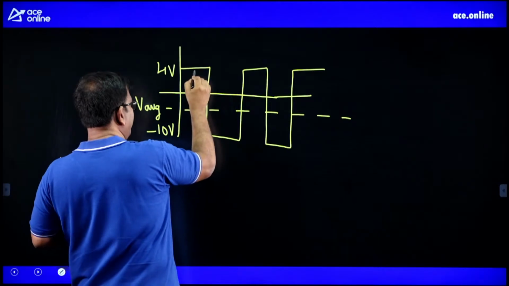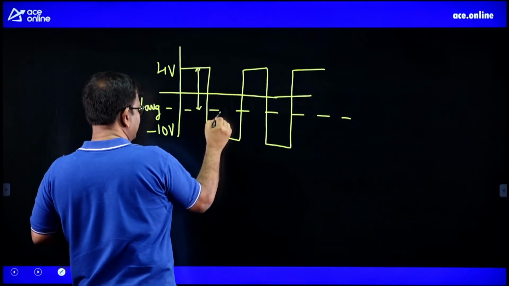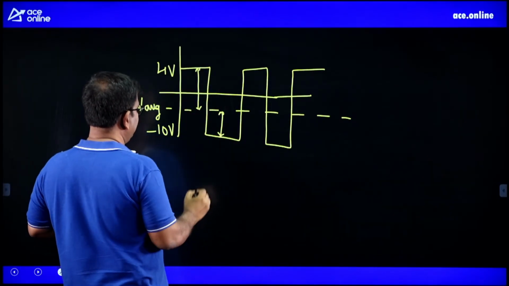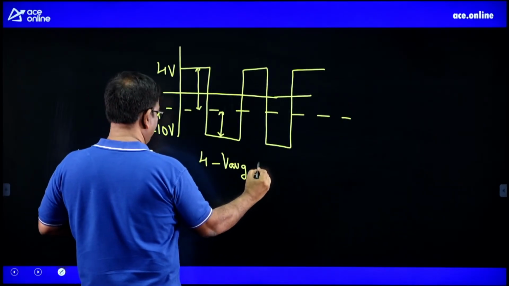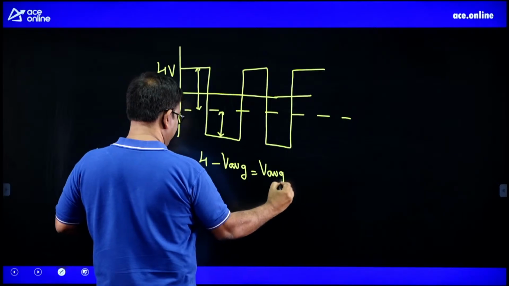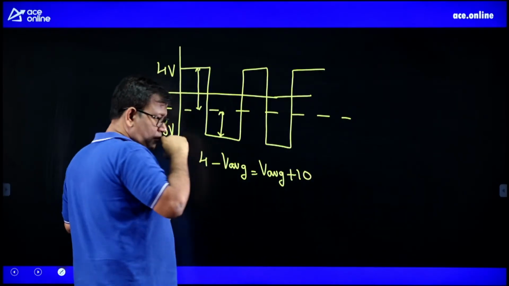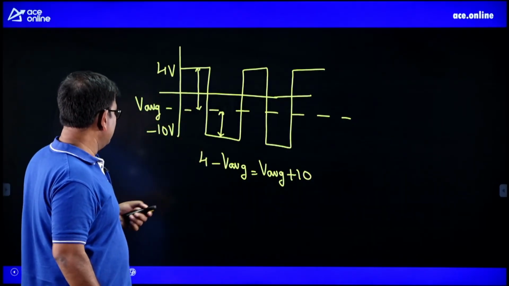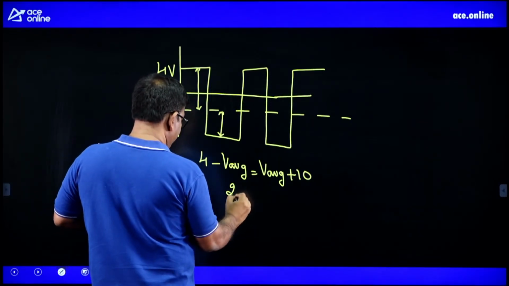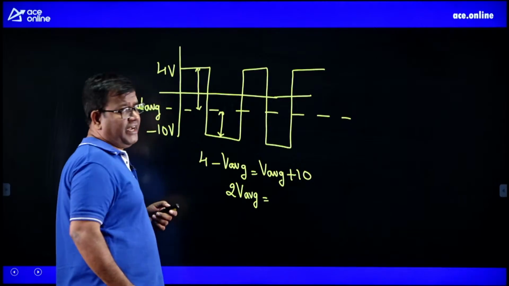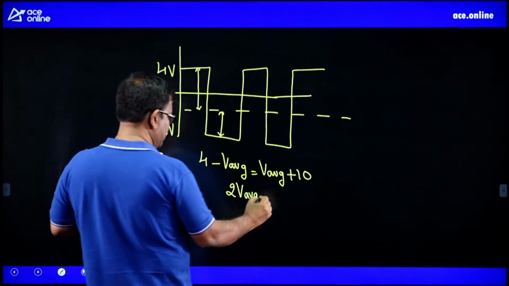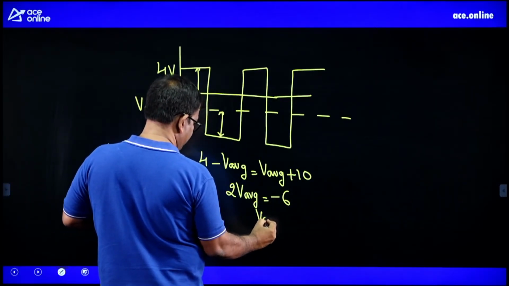V average is a point where this voltage and this voltage are going to be same, right? So 4 minus V average is going to be V average minus of minus 10. So 2 times V average is going to be 4 minus 10, it's minus 6, so V average is minus 3.